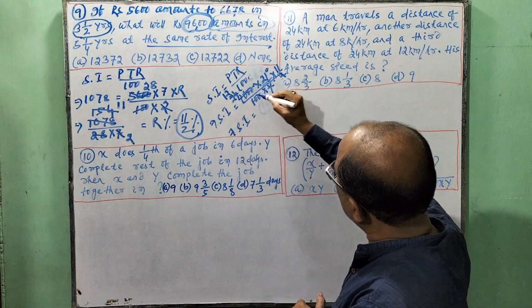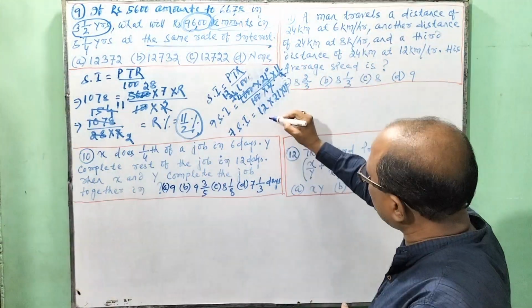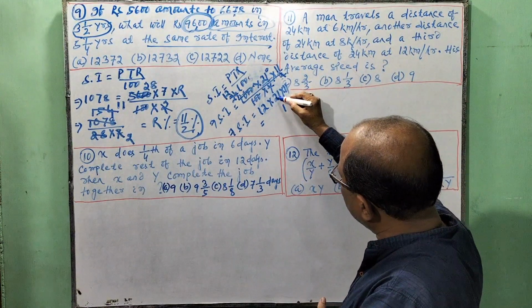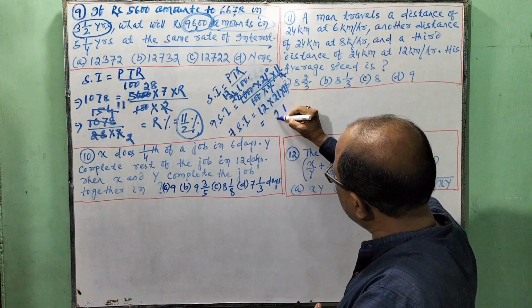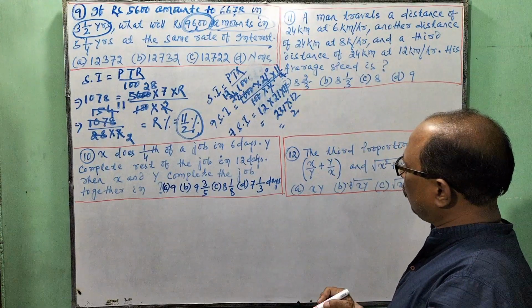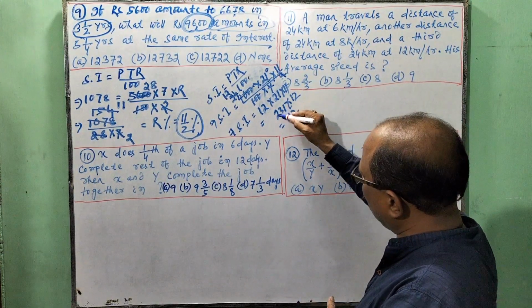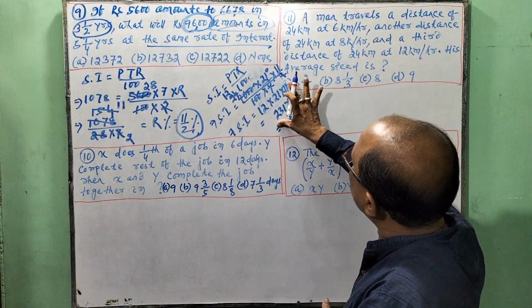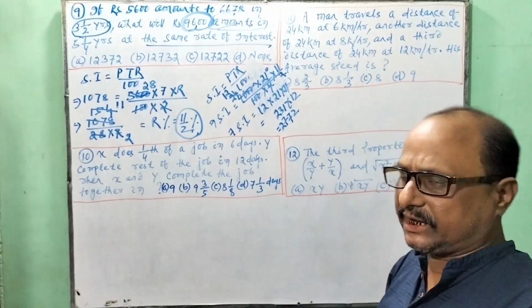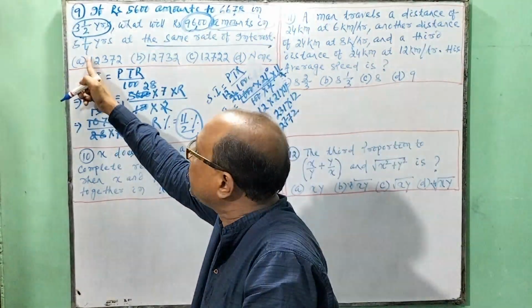So lastly we conclude 12 into 21 into 11, which gives 2,772 rupees as the simple interest on 9,600 capital in 5 and 1 by 4 years.